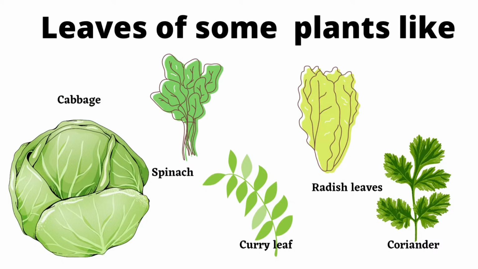Now the leaves are the most common part of the plant which stores the food material, as we know from earlier classes, such as cabbage, spinach, curry leaf, radish leaves and coriander. All these are the leaves which store the food material and become edible.